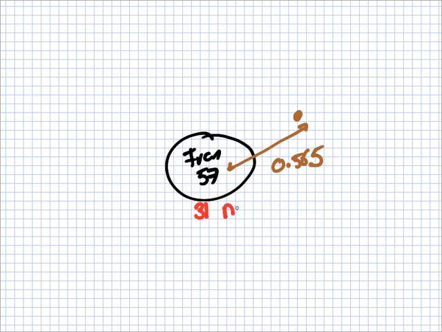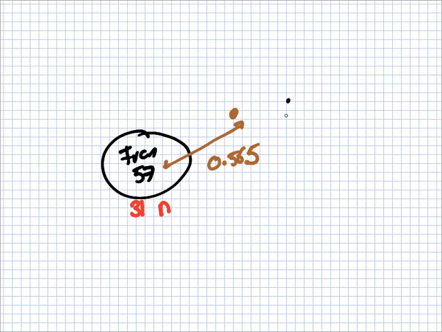And the question is, what's the electric field strength? So what's the formula here? It's the one that says electric field strength is 1 over 4 pi epsilon 0, or in other words, what we sometimes just call K, Q over R squared.